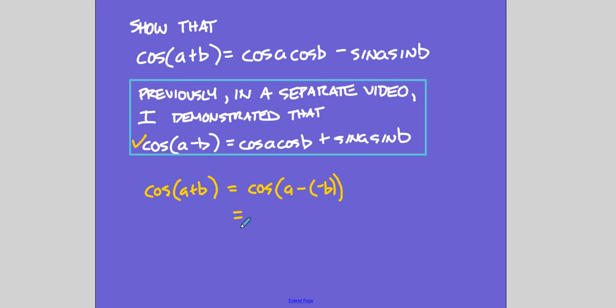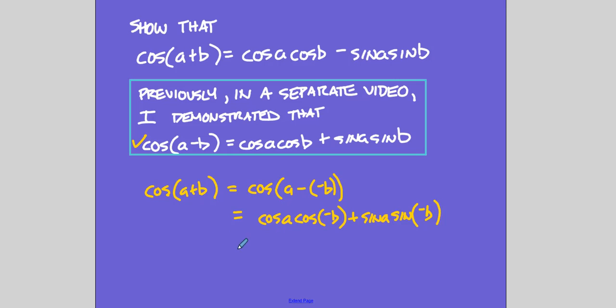So this has to equal cosine of a, and in this case cosine of b is going to be cosine of negative b, because this is a minus negative b, and that's going to be plus sine a times sine of negative b.